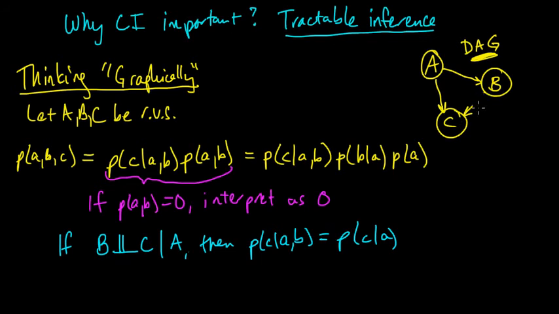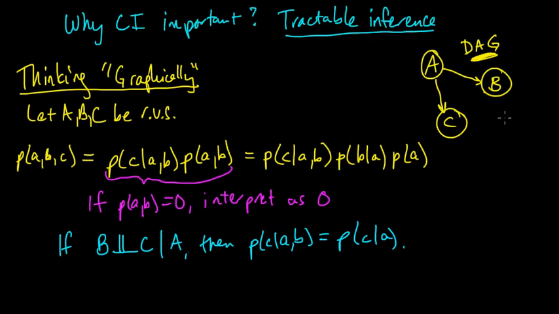So we would erase this arrow. And now we're starting to get something interesting, because not every distribution on A, B, and C would have a factorization that would give you a graph like this. So we're starting to get somewhere now.